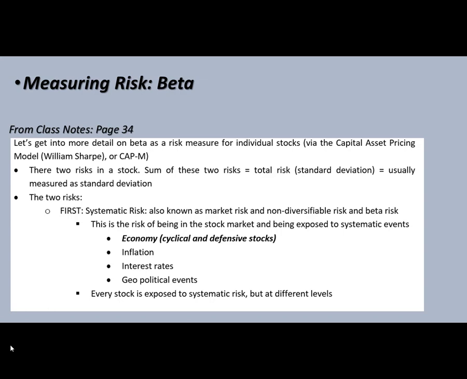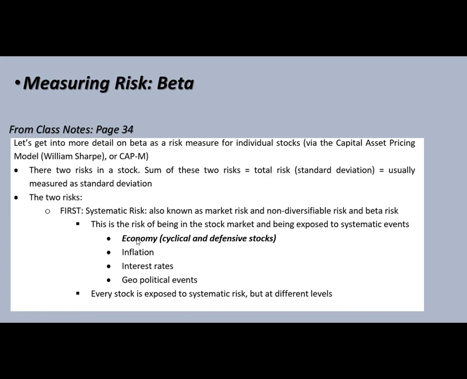And if it's a historical number, what may be true in the past may not be true in the future. You have these two risks, systematic risk and unsystematic risk. What a firm's beta has been in the past might not be true going forward. The world is changing dramatically.